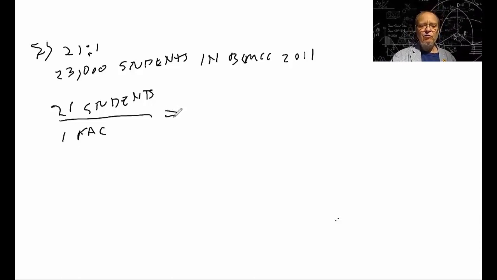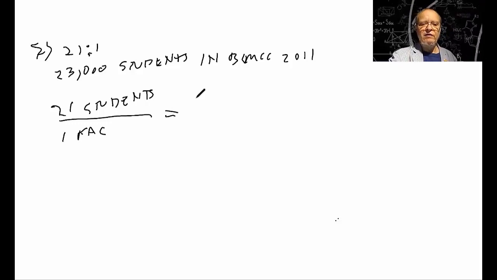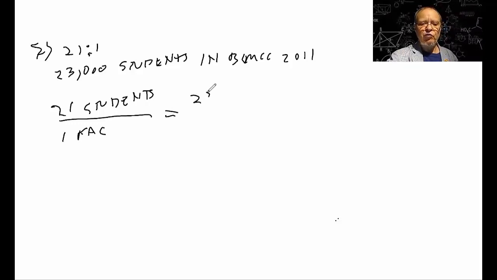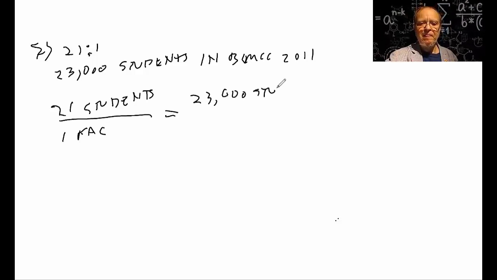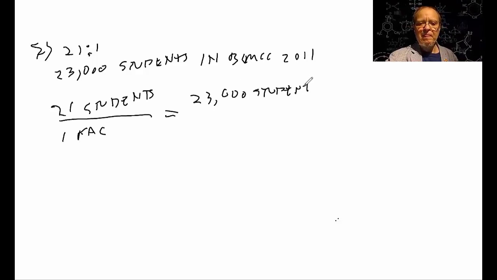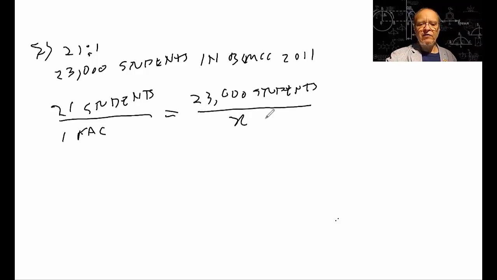Then we put the equal sign, and on the other side on top the 23,000 students to match. Then we don't know, and we'll call that X, how many faculty.